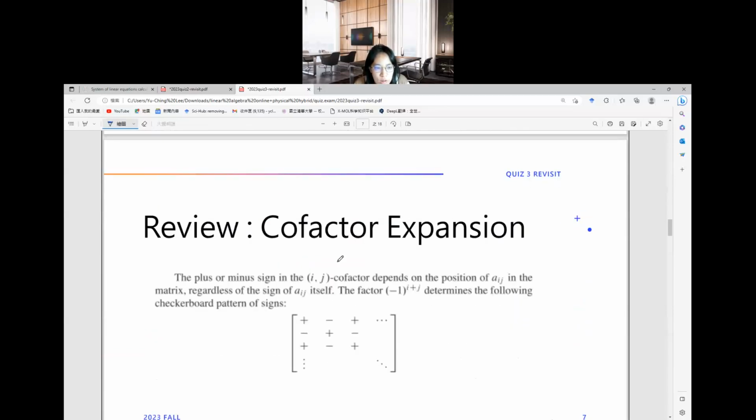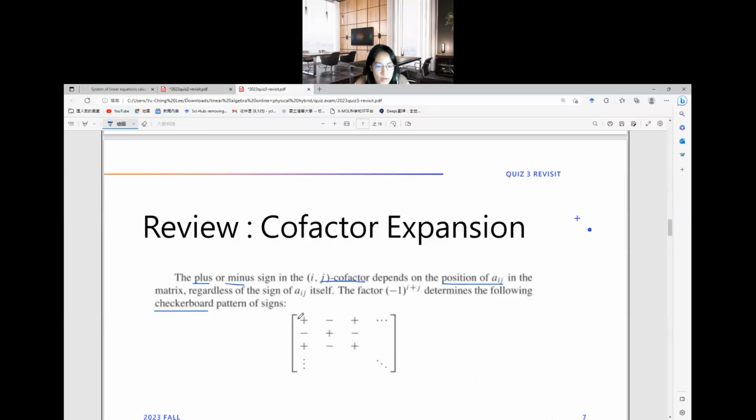And for cofactor expansion, here's a review. The plus or minus sign in the ij cofactor will depend on the position of the factor in the front. And these signs follow a checkerboard pattern.